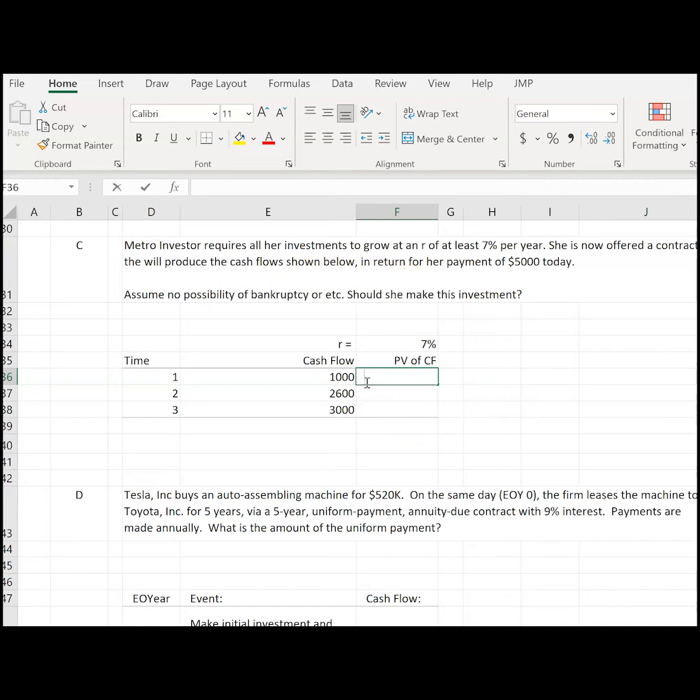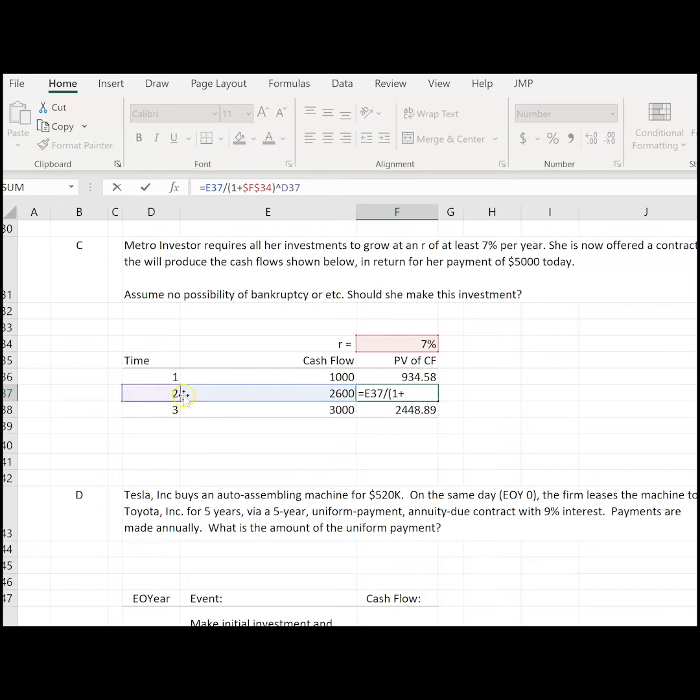All right, so just the regular present value formula. Take the cash flow that you're getting, divide it by 1 plus our rate, and you put it to the power of years. Then I'm going to go ahead and make this copyable. I'm going to copy this formula down. Again, I did the exact same thing for this cash flow and this cash flow that I did for the first cash flow. Took it, I divided it by 1 plus our rate to the power of years.